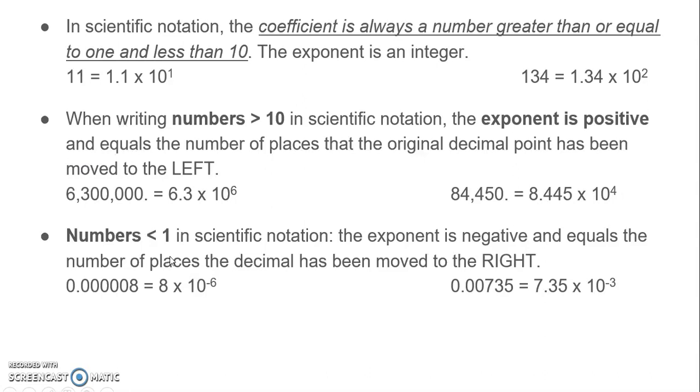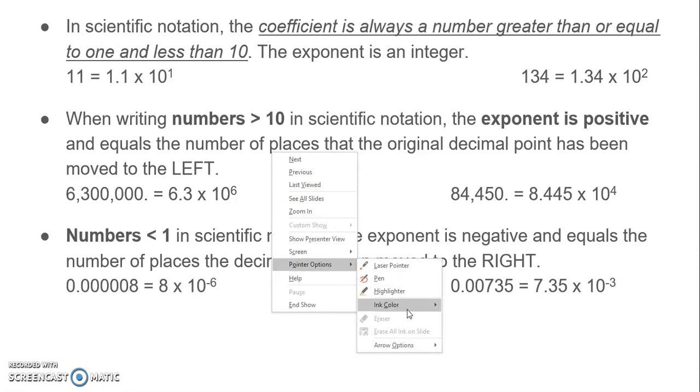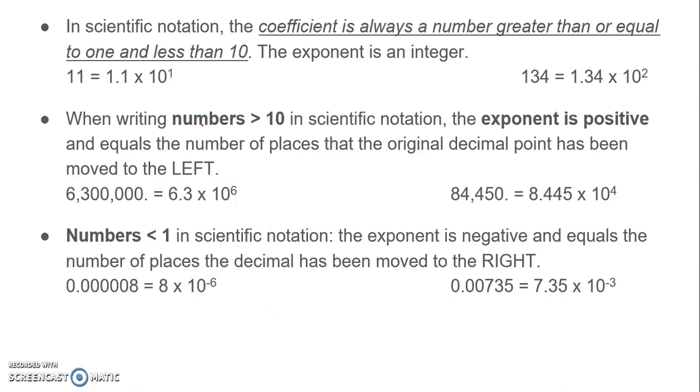So the way for you to write that down is by having the 2 parts, the coefficient here, and then times 10 to the exponent here as an integer.